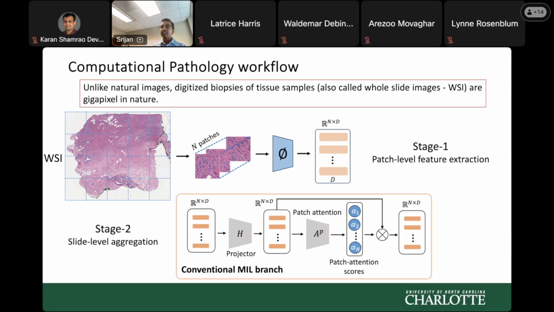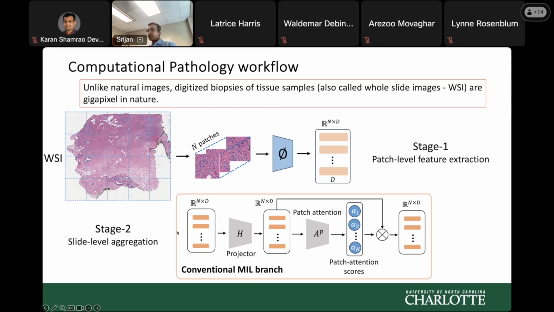But we expect these models to not only solve the slide-level tasks, but also to localize where the cancerous cells are present. That means we want weak supervision, where we only have global labels, but we expect the models to not only provide us the classification labels, but also detect the region of interest.